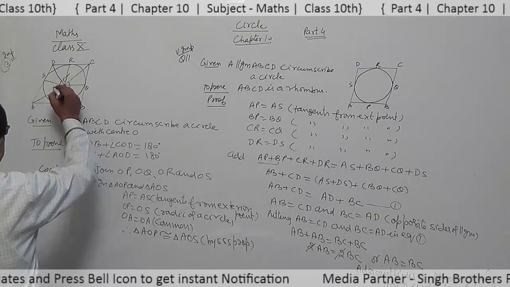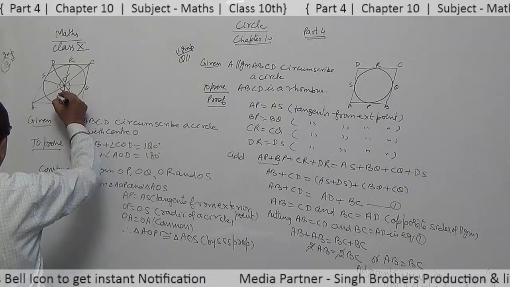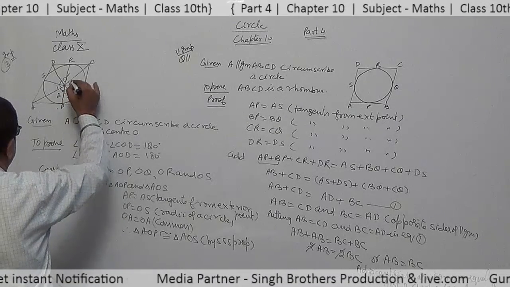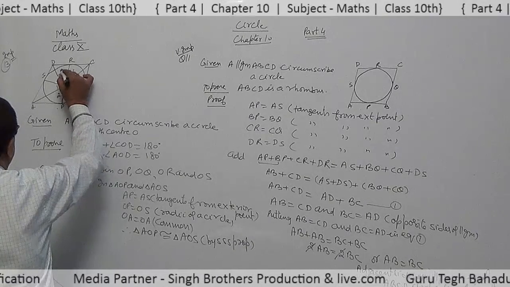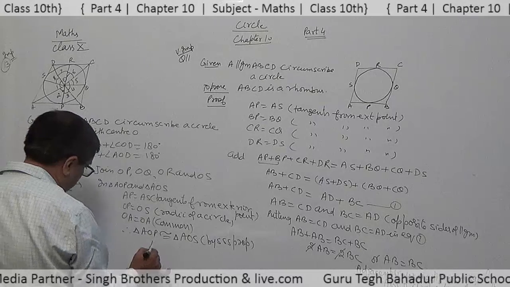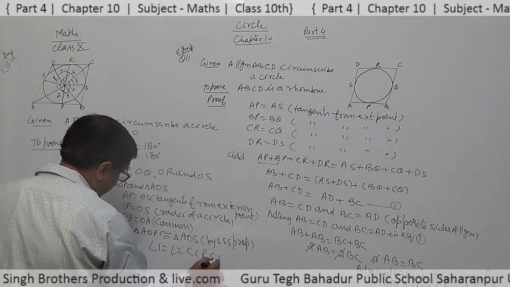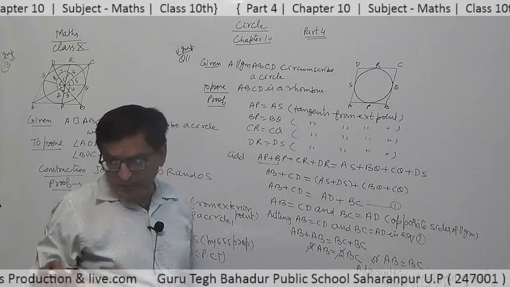So, this is angle 1, this angle 2, this is 3, this is 4, 5, 6, 7 and 8. So, angle 1 is equal to angle 2 by CPCT, that is corresponding parts of congruent triangles.